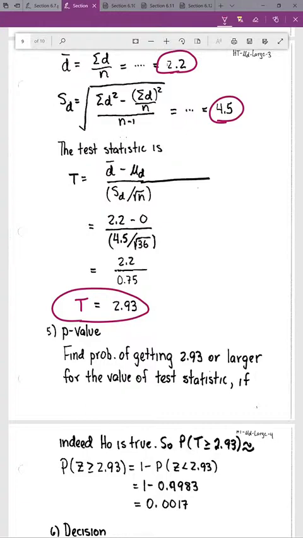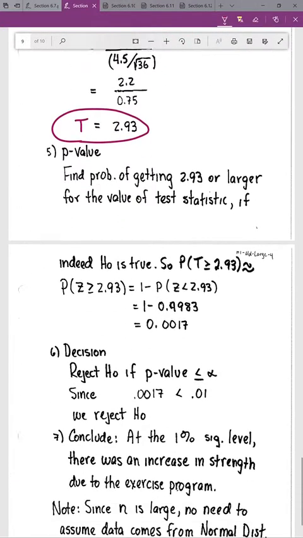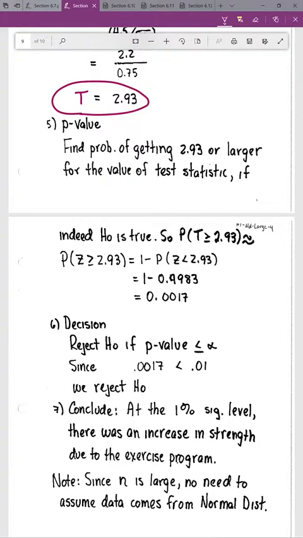This leads us to the end of step 4 and the beginning of step 5, finding the p-value. So we're going to try to find the probability of getting 2.93 or larger for the value of the test statistic, if indeed our null hypothesis is true. So the probability of t being greater than or equal to 2.93.